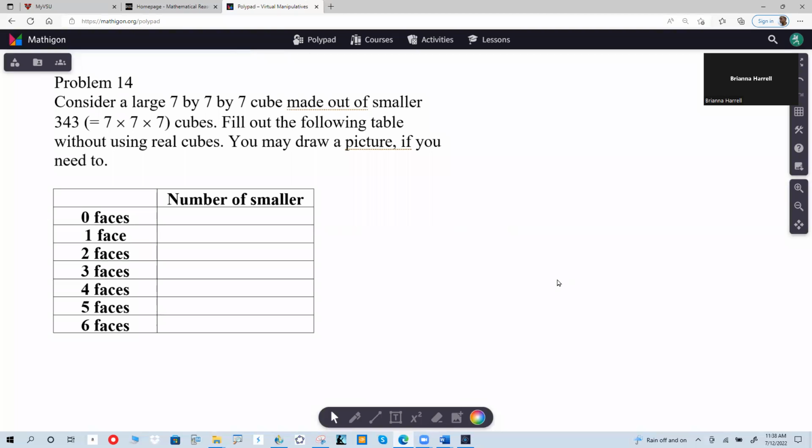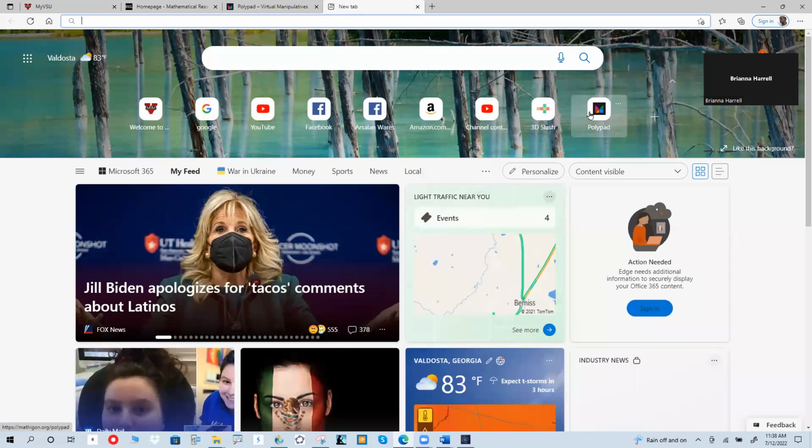All right, let me show you what a 7 by 7 by 7 cube looks like. Now, on the exam, you won't have a picture for this one, so try to understand it. Once we understand it, you're going to see you don't need a picture.